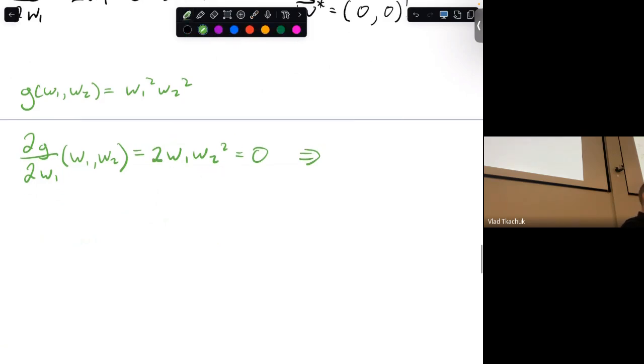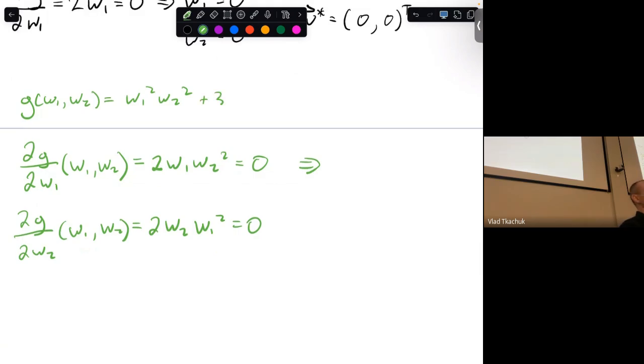If you do it for the second one, you're going to get an equation that looks like two times W2 W1 squared. And you need to set that equal to 0. And let me just make this more interesting. Maybe I add a constant 3, just for fun. Okay, that's not that exciting either.